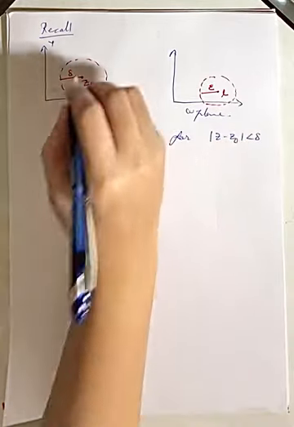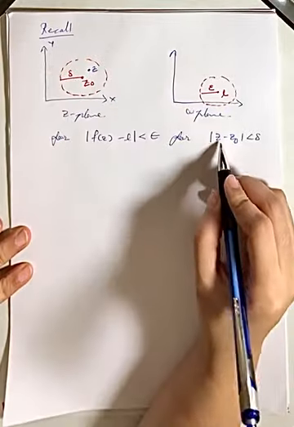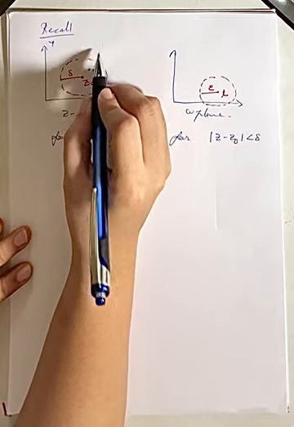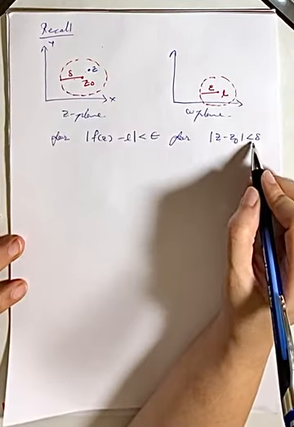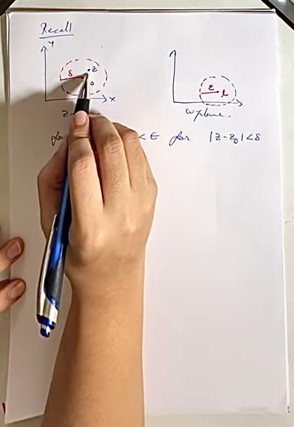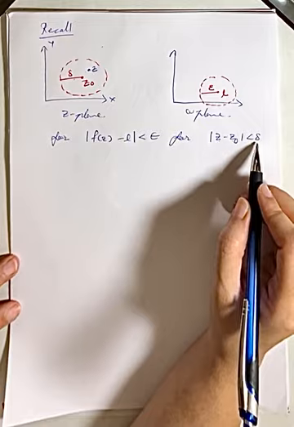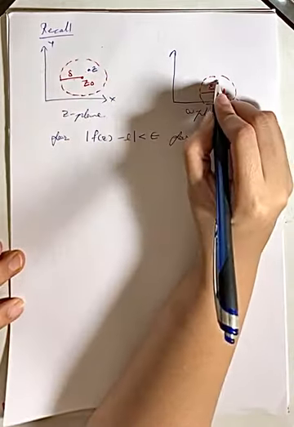So that means that for every z point which is within the disk, we should get the difference to be less than the radius. If it would be outside, then the difference would be greater than delta. So when we put the condition that z minus z0 is less than delta, it only means that the point will be within the region, and we should have a one-to-one relation.